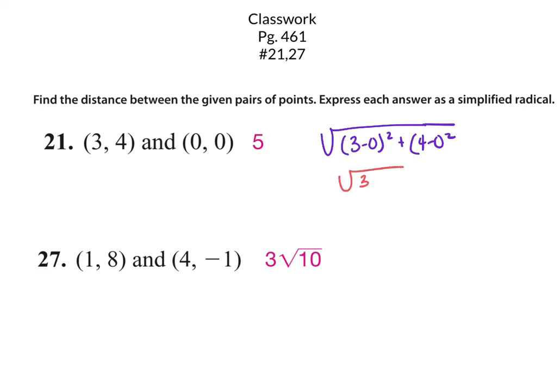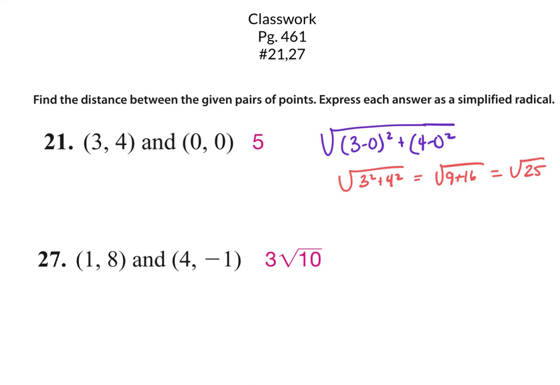Which gives you 3 squared plus 4 squared. Which gives you 9 plus 16, square root of 25, which is 5. All right. And even if you did it the other way, if you did 0 minus 3, negative 3 when you square it is also a positive 9. Negative 4 when you square it is also a positive 16.